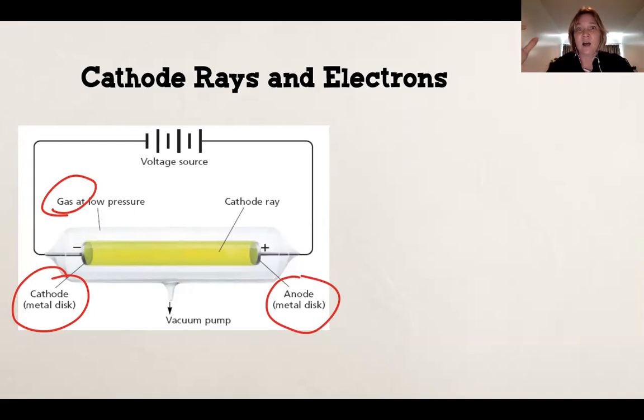And every single time, whatever variation that they used, whatever metal there was or whatever gas there was, it was always exactly the same result. And that tells us something very important. And that is that all elements are going to have the same type of particle, because the results are the same every time. Even if you change the gas, same result. You change the metal for the electrodes, same result.